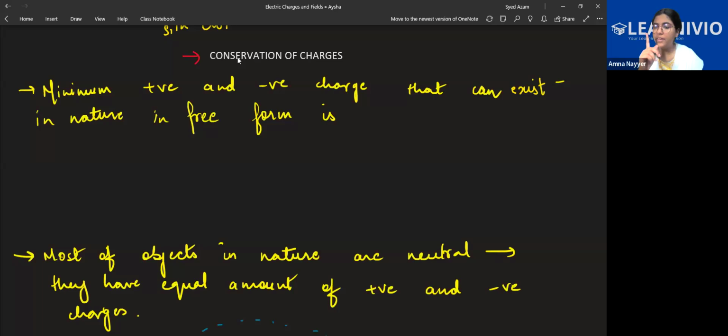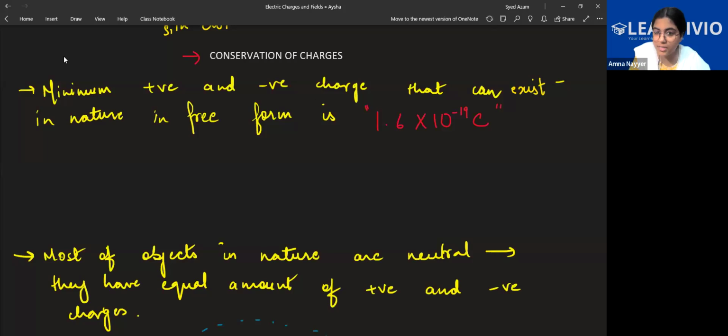Now, if I say electron, see, electrons are particles that are holding some amount of charges. One electron will be holding some amount of charge. Second electron will be holding. The proton will be holding, like this. The amount of charges will be held. So there is a minimum value that one electron holds. And that value you need to remember. That is 1.6 into 10 to the power minus 19 coulomb.